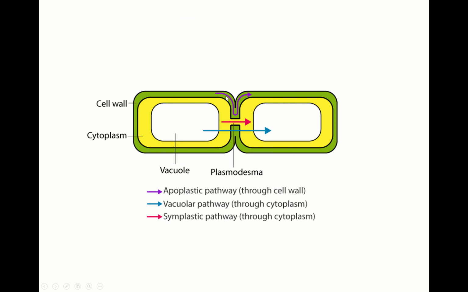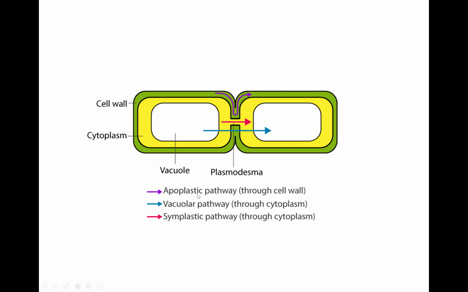You can see the movement of the water happening through the cell wall, which is called the apoplast, and the purple color arrow indicates the apoplastic pathway. The symplastic pathway is this one, the red color one, wherein the water is transported from the cytoplasm of one cell to the cytoplasm of another cell.